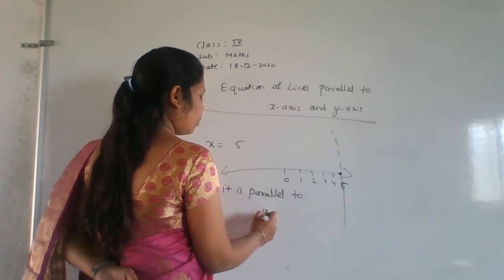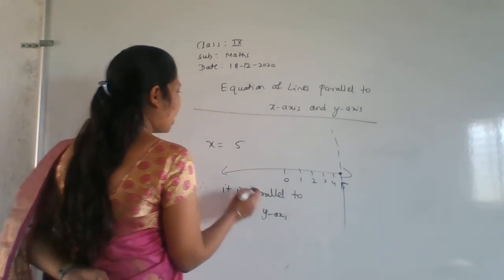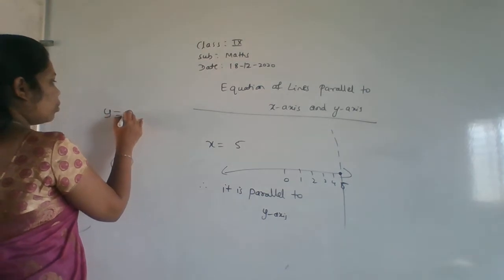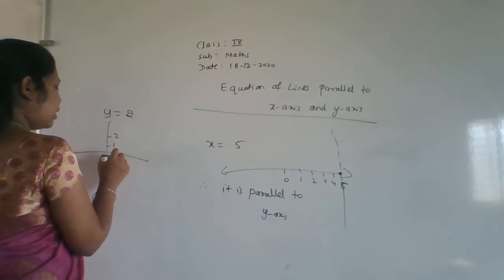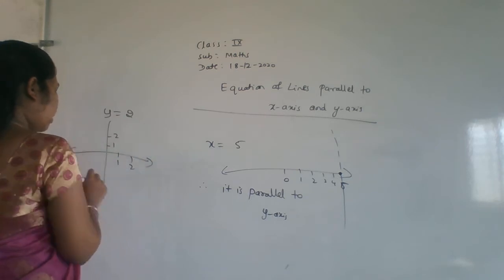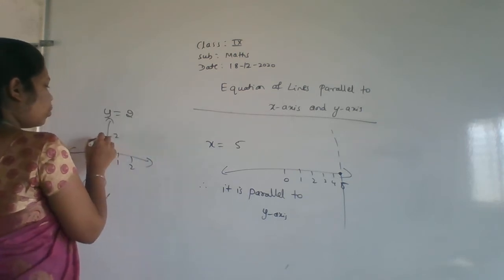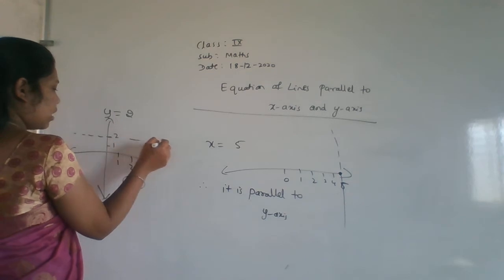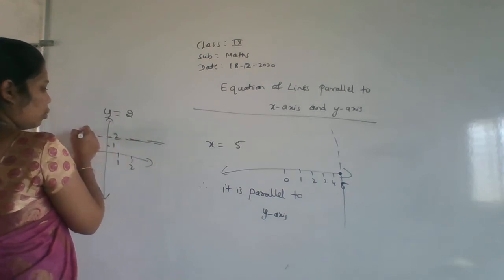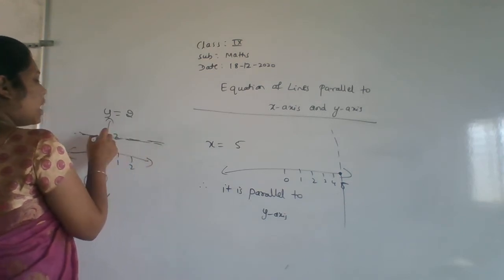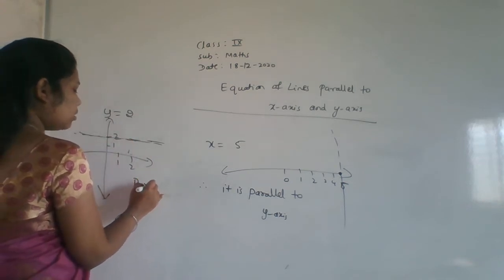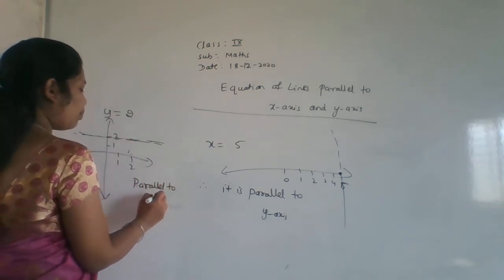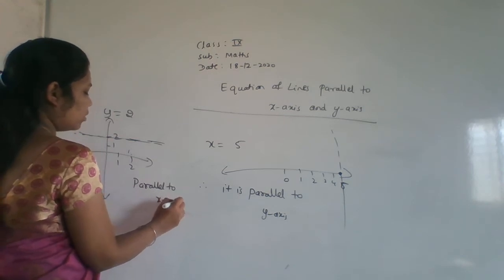If y is equal to 2, see here, this is 1, 2 and here 1, 2 like that. Y is equal to 2 we'll mark like this. So y is equal to 2 is always parallel to the x axis.